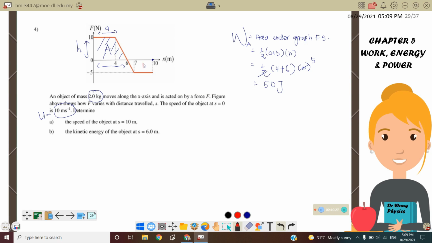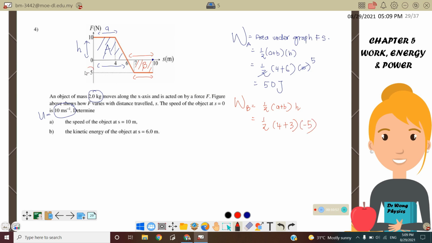Part B, where work done is also the area under the graph, and this is also a trapezium, so it's half (a plus b) h. Here a is 10 minus 6, which is 4, and b is 10 minus 7, which is 3, and the height is negative 5.